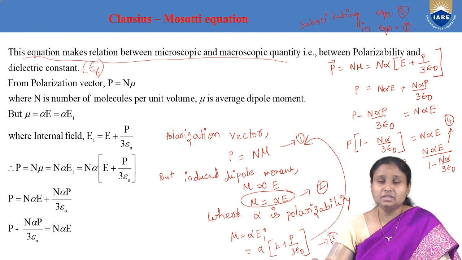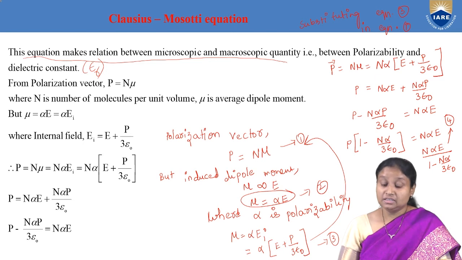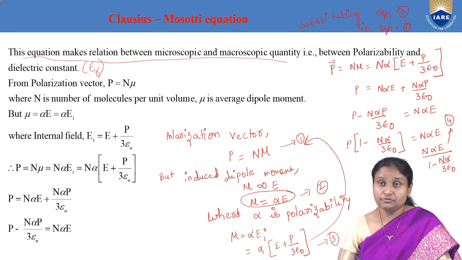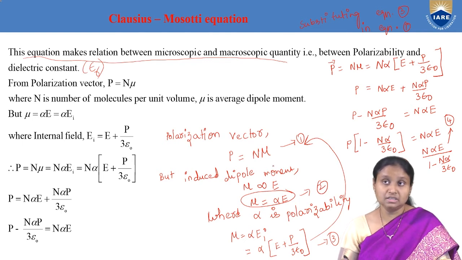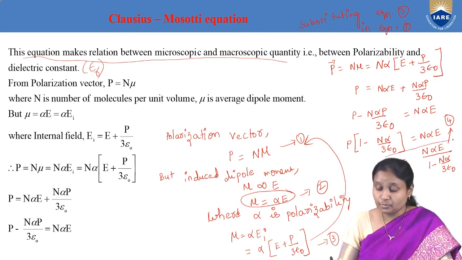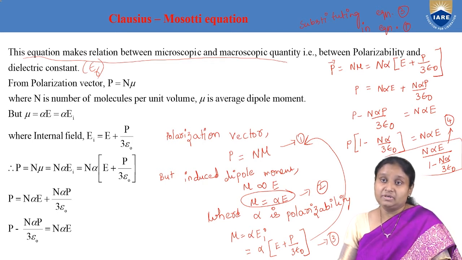Then we explained induced dipole moment in terms of polarizability and also in terms of local field. This internal field or local field is given as E plus P by 3 epsilon naught, where E is applied electric field and alpha is polarizability. If we substitute this value of induced dipole moment in our polarization, and after rearranging the terms, we end up having the formula for polarization as n alpha E by 1 minus n alpha by 3 epsilon naught.